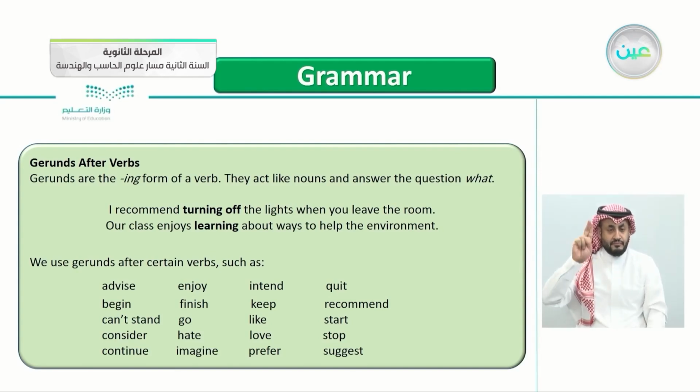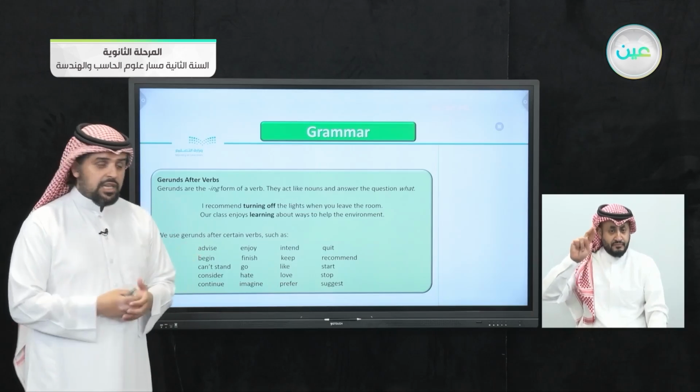I recommend turning off the lights when you leave the room. So this answers the question, what do you recommend? You say, I recommend turning off the lights. Or the other example here, our class enjoys learning about ways to help the environment. You can ask here, what does your class enjoy?